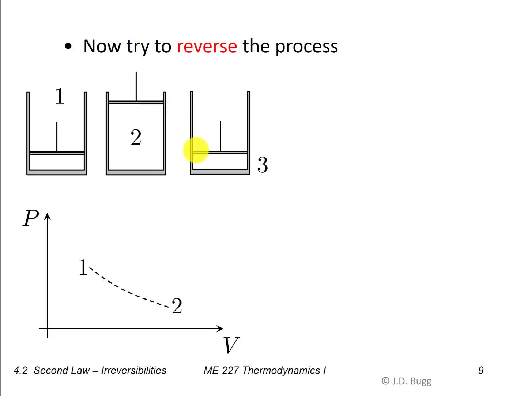So there's a huge difference between this process from 1 to 2 and from 2 to 3 in terms of the work transfer. In order to get this recompression to happen, we have to do work on this gas. Our sign convention that we've been using all along would call that negative work because we're doing work on our system. But the important thing is the surroundings need to deliver some work to this gas in order to get the volume back to where it started.